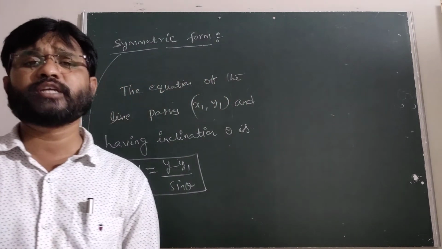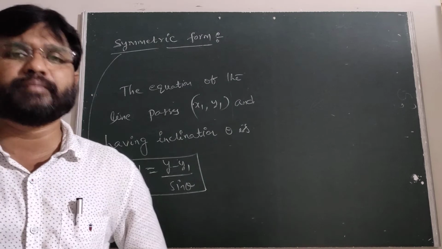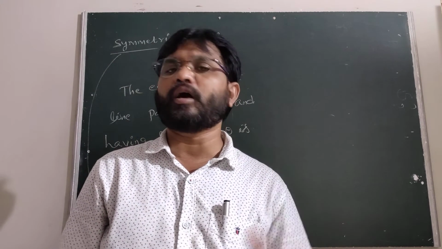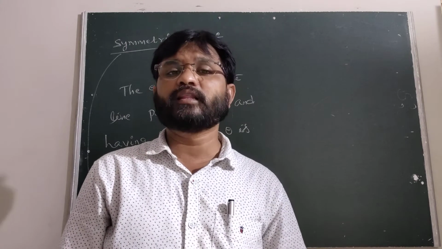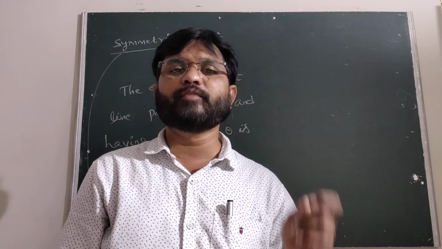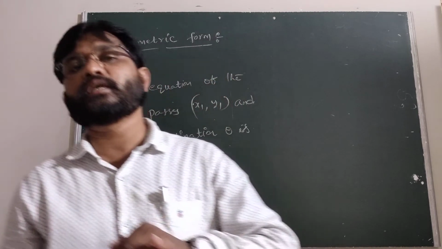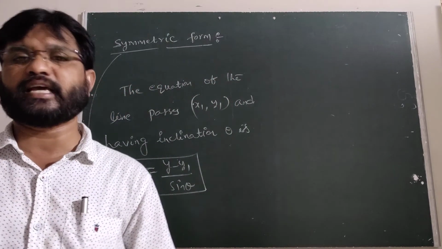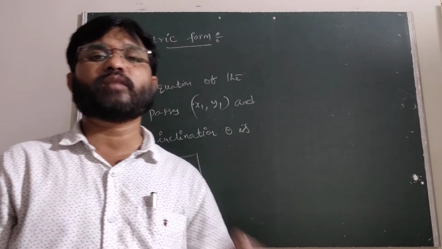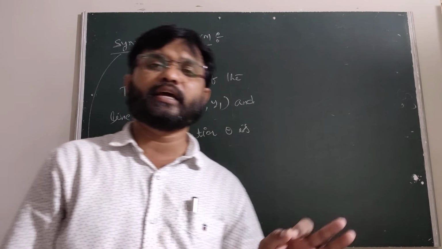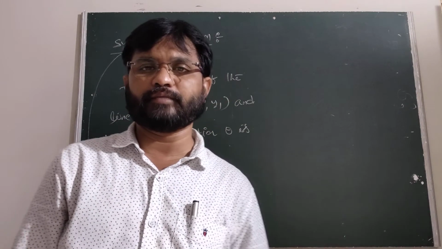The equation of the line in the normal form: let the line be at a distance p from the origin, and let alpha be the angle made by the normal from the origin to the line with the positive direction of the x-axis. Then x cos alpha plus y sin alpha equal to p, where p is the perpendicular distance from the origin to the line.